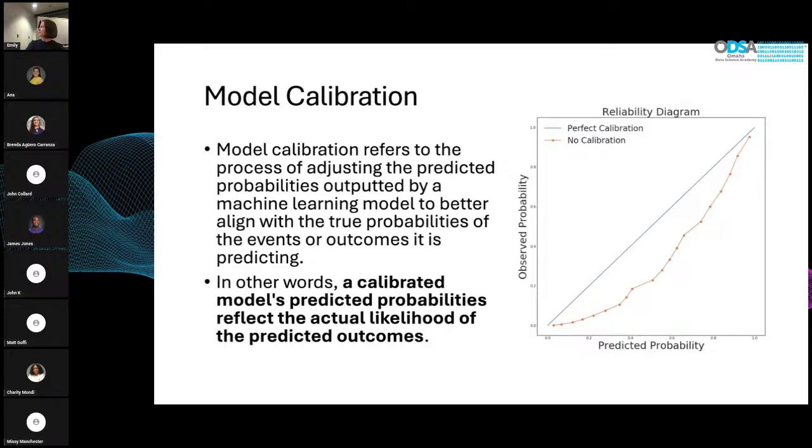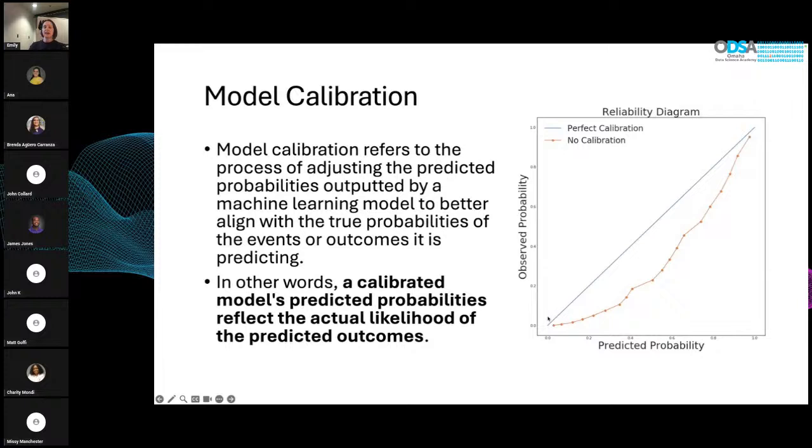Okay, so here is a visual that you can use to tell if your model is calibrated. This is a reliability diagram. If our model is really well calibrated in this scenario, we're going to see an equal distribution at each threshold.